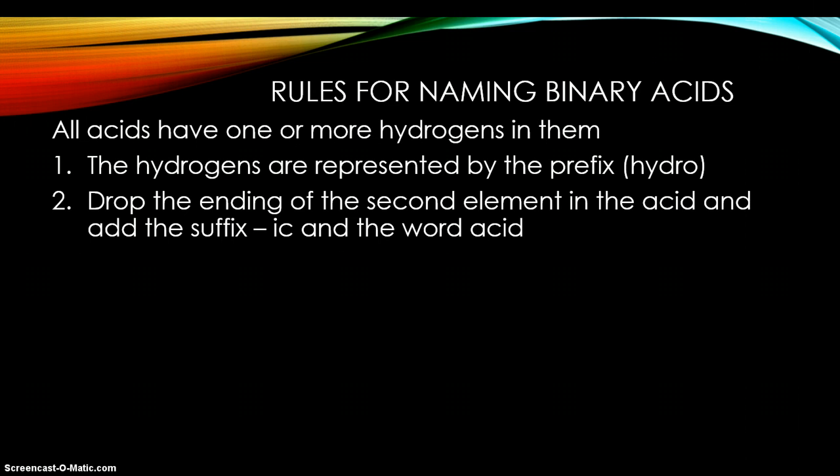So let's have an example of this. Let's start with one that you're probably familiar with, HCl. We recognize it's got a hydrogen out front, so this is going to be an acid. How would I go about naming this? It's a binary acid because there are only two elements. So the prefix is going to be hydro, the start of my name.